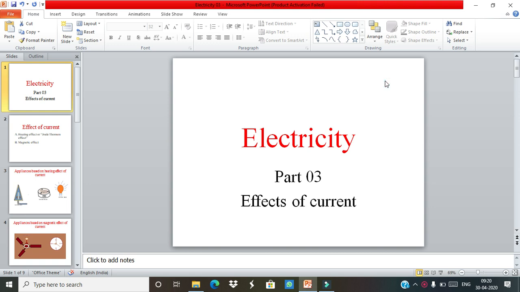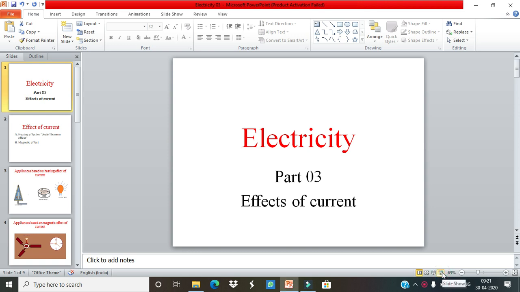Students, today's lecture is based on electricity and magnetic and heating effect of current. So first, let's start with the effects of current.